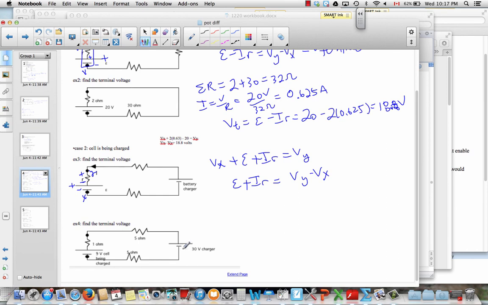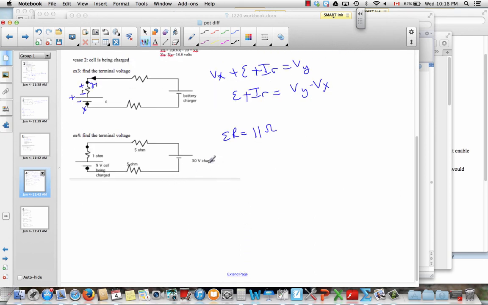So here, again, those resistors are just in series, so it's 5 plus 5 plus 1. That's 11 ohms of net resistance. Now, notice the cells are opposite to each other, as indeed they need to be, so that the charger can actually push current back through this 9-volt cell that we're charging.